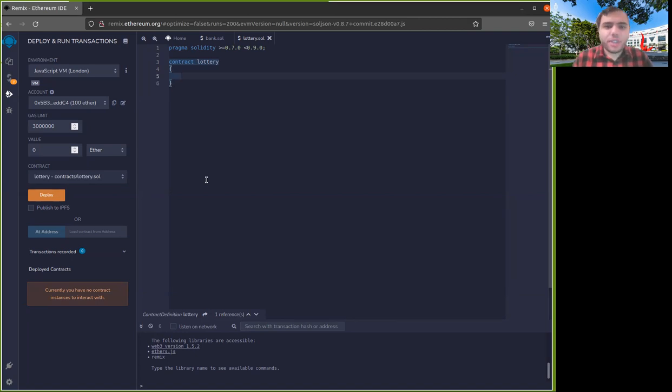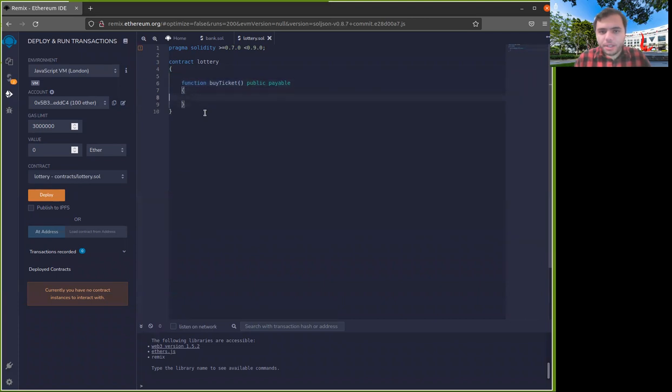The very first thing we have to do in a lottery is to sell tickets. So let's say I have a function that can be used to buy a ticket. Let's say I can call it buy ticket. It should be public because I want anyone to be able to call this and buy a ticket, and it should be payable because they have to pay the value of the ticket.